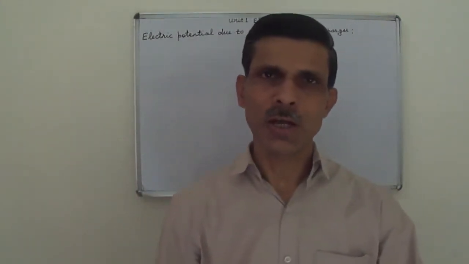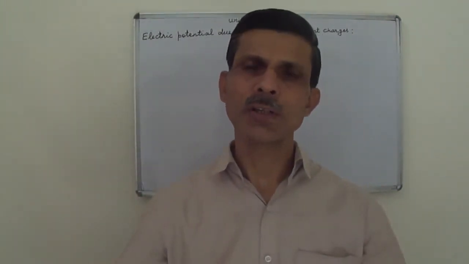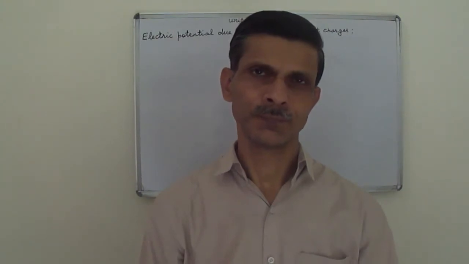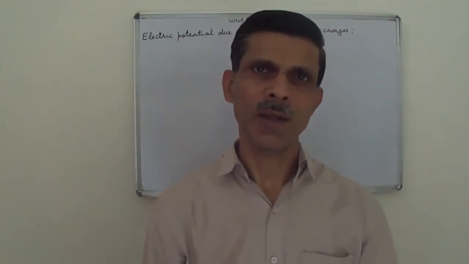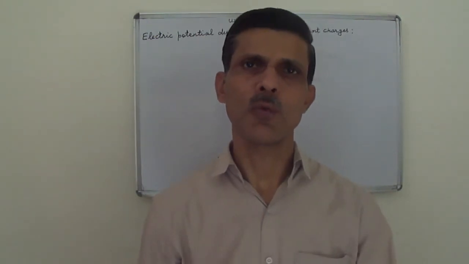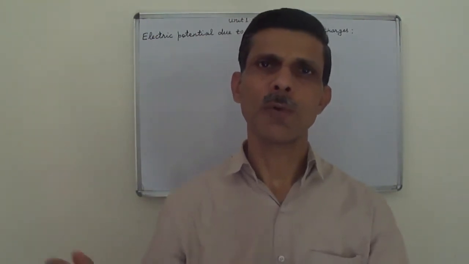You know potential due to a point charge Q at r distance away is given by V is equal to 1 upon 4 pi epsilon naught Q upon r.